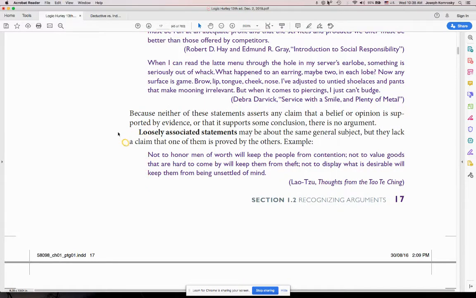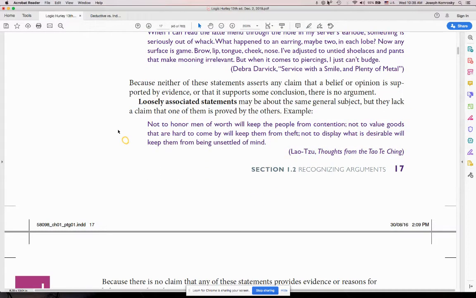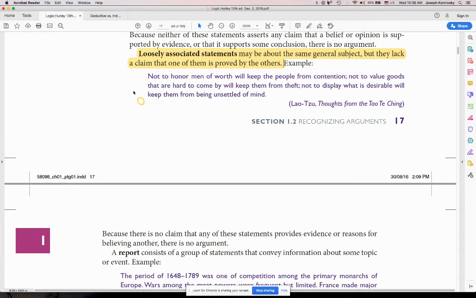Loosely associated statements may be about some general subject, but they lack a claim that one of them is proved by the others. So let me read this to you. Not to honor men of worth will keep the people from contention. Not to value goods that are hard to come by will keep them from theft. Not to display what is desirable will keep them from being unsettled of mind.